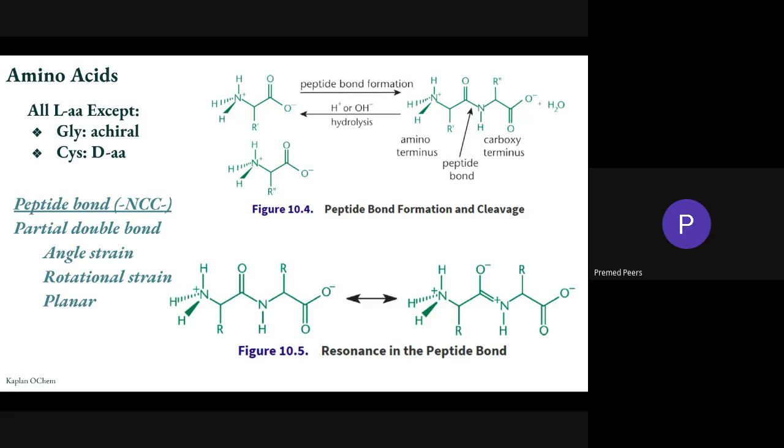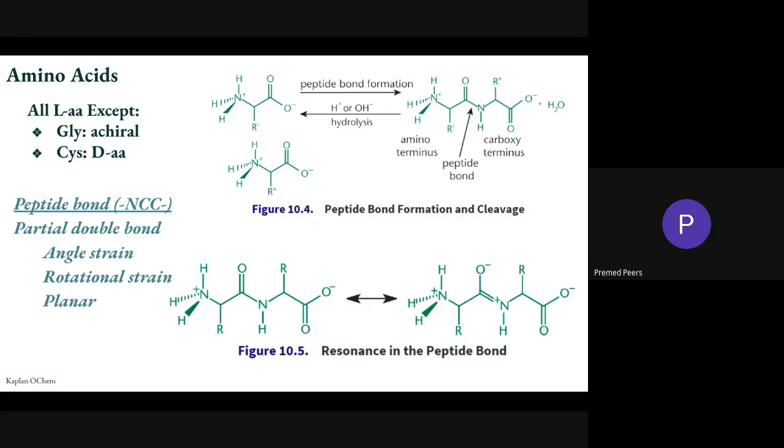Everyone is L except cysteine, which is D, and glycine, which is achiral. Glycine has a hydrogen for the R group, so with two hydrogens you can't make a chiral center out of that. And secondly, cysteine is just a priority assignment that happens to have an S on one side, allowing that to be the D amino acid because of the assignment of priority when you're going through the priority groups for the alpha carbon.